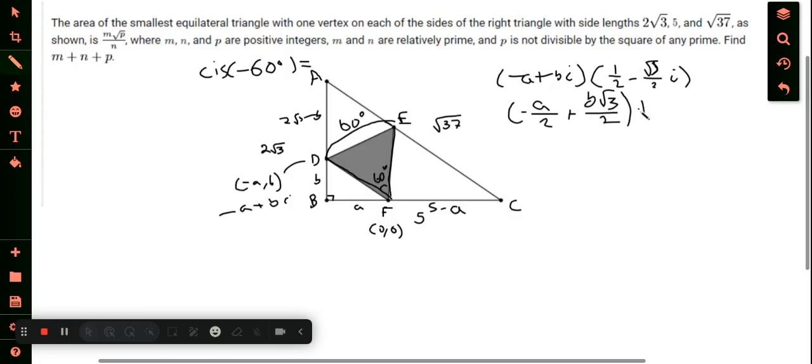And now we can find the imaginary part, which is going to simply be a root 3 over 2 i, and bi times 1/2, which is just b over 2 times i. And just like that, we found the coordinates of E by using the complex plane, which would have been much harder if we didn't have that utility.